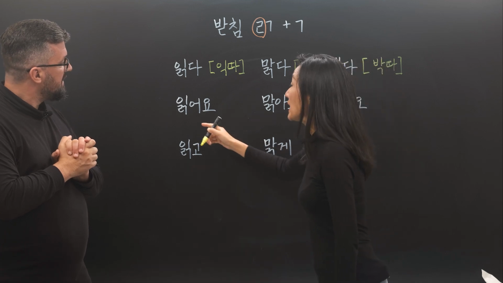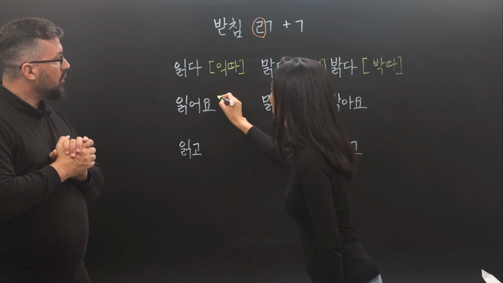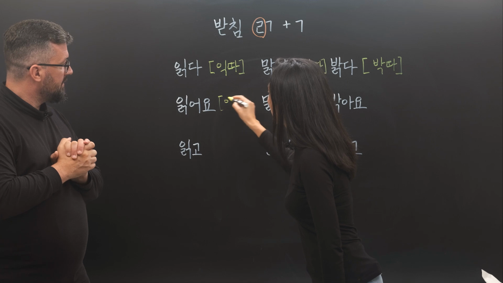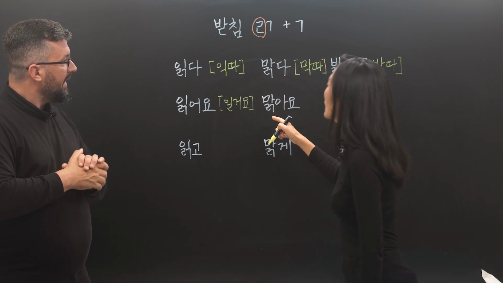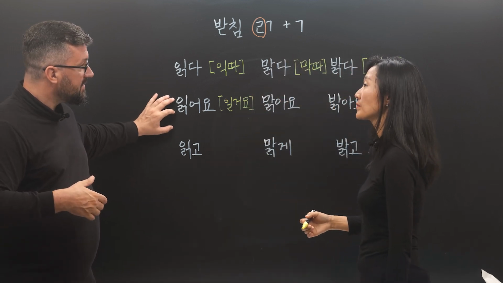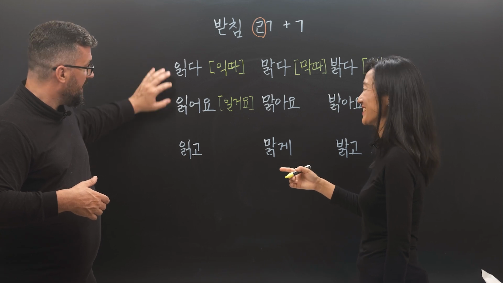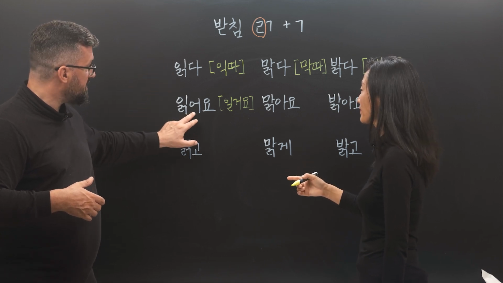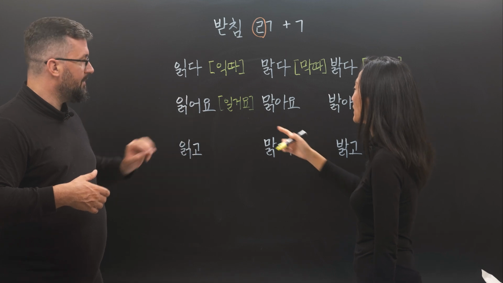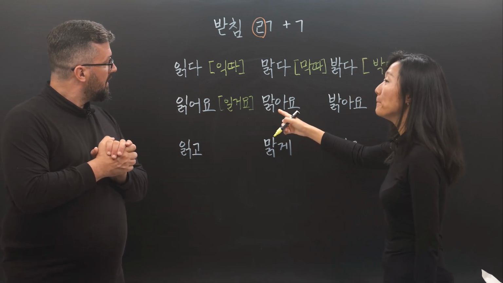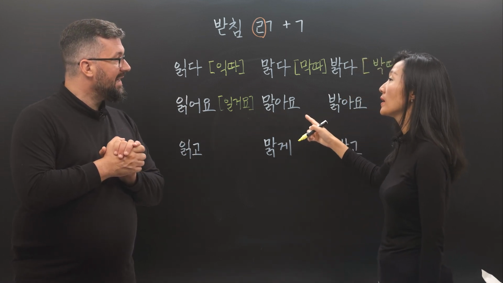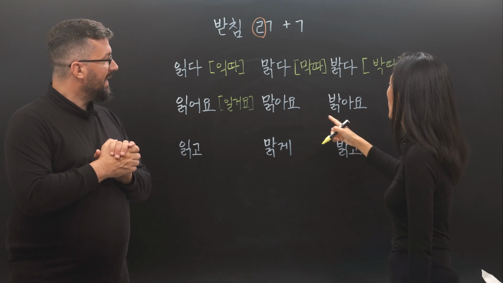So il-geo-yo. Il-geo-yo is actually the present tense of ikta. And that's why the rule changes, because there's a placeholder and not a consonant. So il-geo-yo and 맑아요.